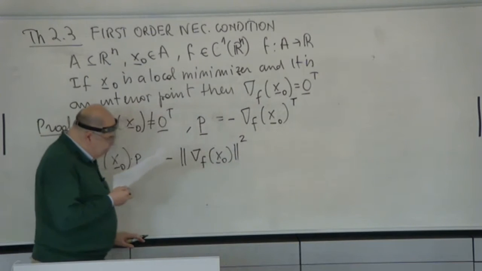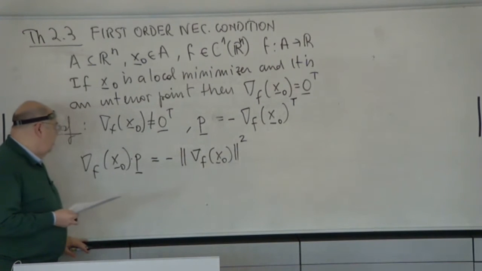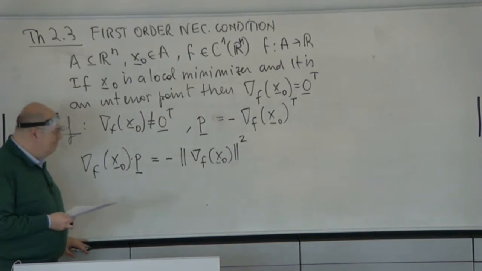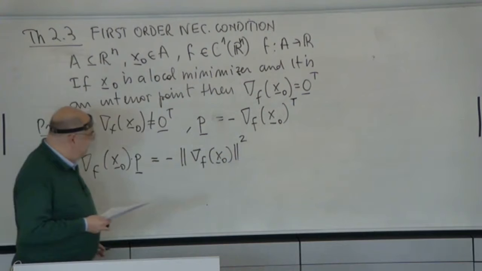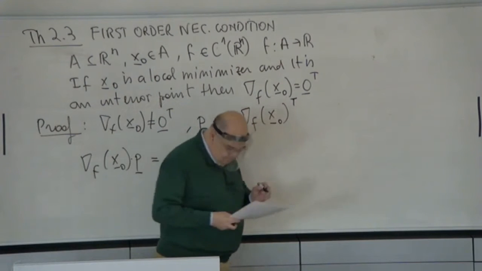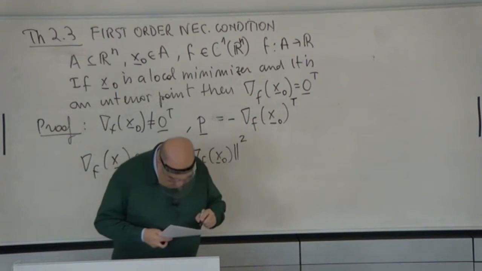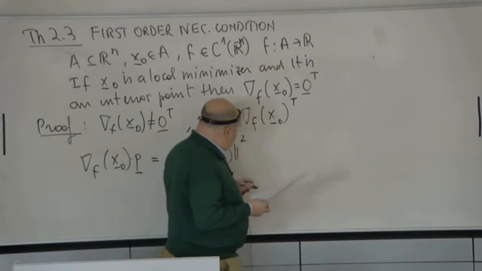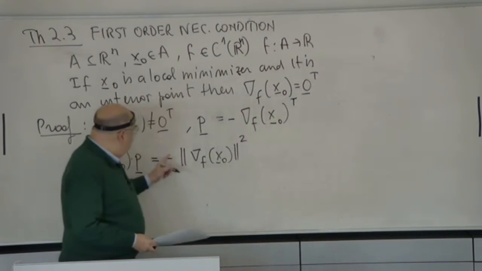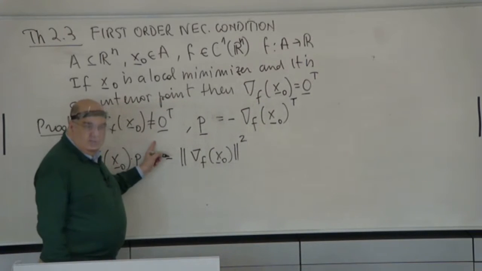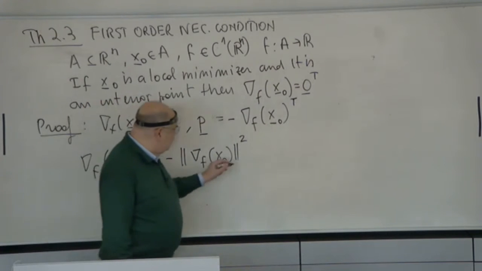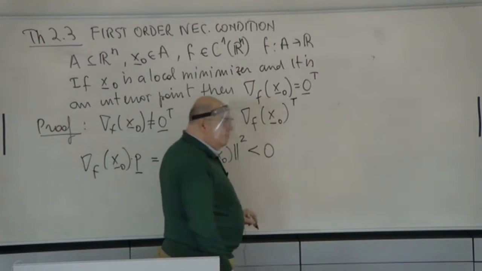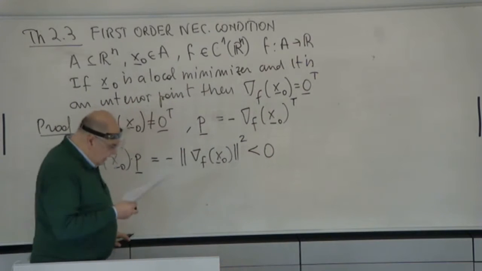There's a typo in my notes. Well, by assumption, this is not 0. So the norm of the gradient of F is not 0, so this is negative. Strictly negative.